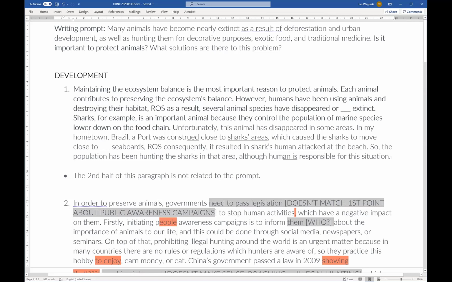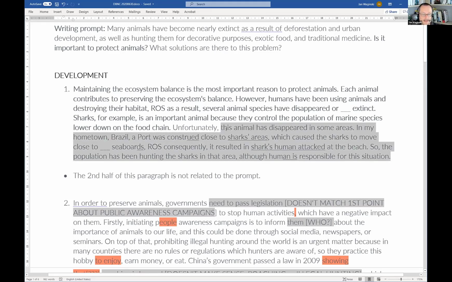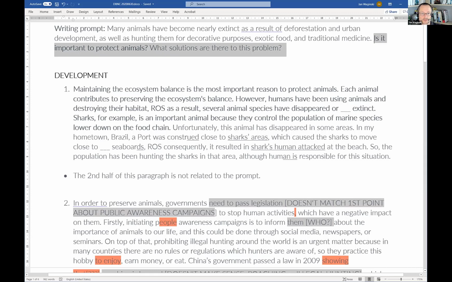Oh, okay. So this explains why. This is the cause. Exactly. But in this question, it doesn't ask you about the cause. Yes. So if you write anything that's not a direct response to the question, it's considered off topic. And you will not get band 7 on task achievement.